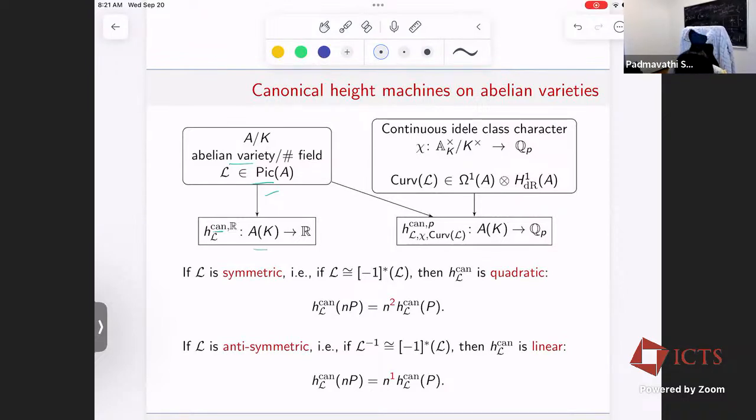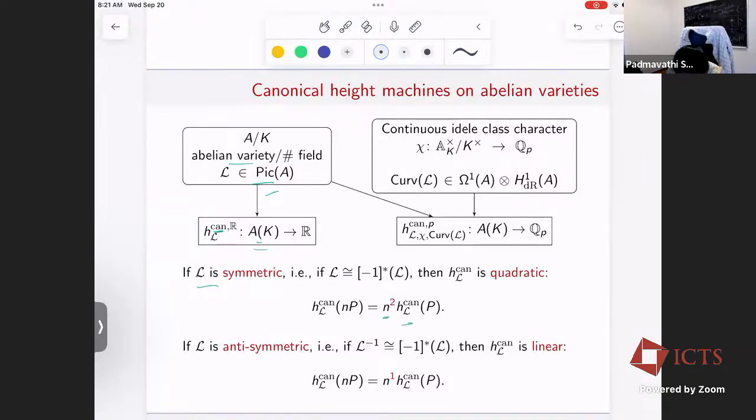What makes it canonical is how this height function interacts with the group law on the abelian variety. If you have a symmetric line bundle, so a line bundle that's isomorphic to its pullback by -1, you want the height of n times P to be n squared times the height of P. The height of 2P is 4 times the height of P for a symmetric bundle.